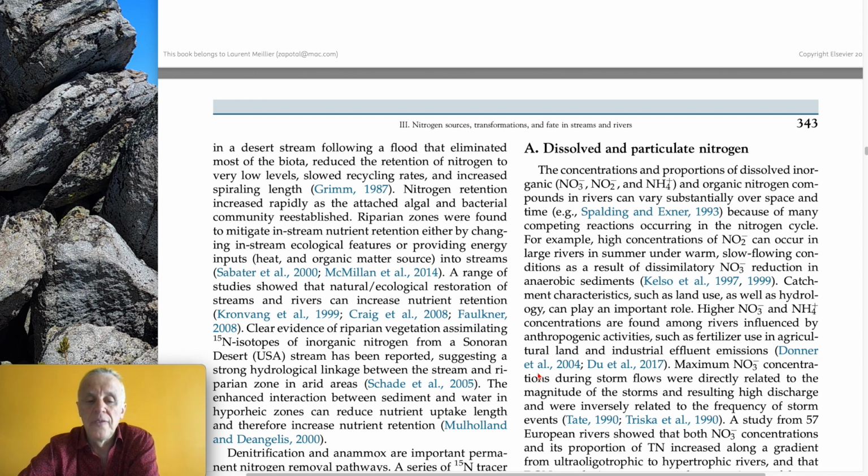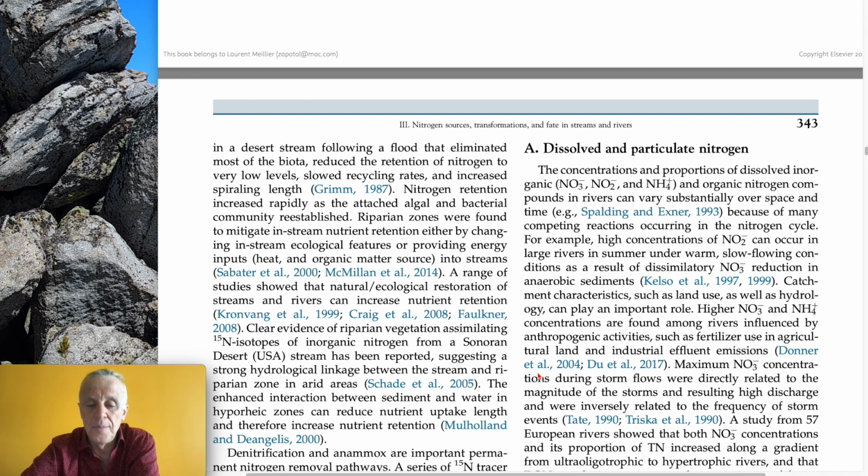Riparian zones were found to mitigate in-stream nutrient retention either by changing in-stream ecological features or providing energy inputs into streams. A range of studies showed that natural ecological restoration of streams and rivers can increase nutrient retention.